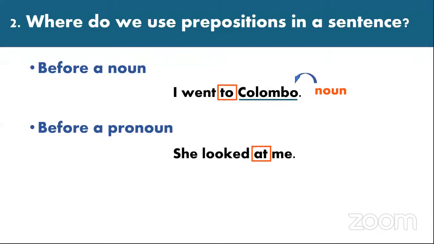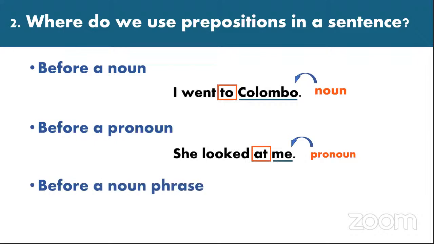Then before a pronoun, me is the pronoun here. So you can see the preposition at is used before the object pronoun me. Let's move on.